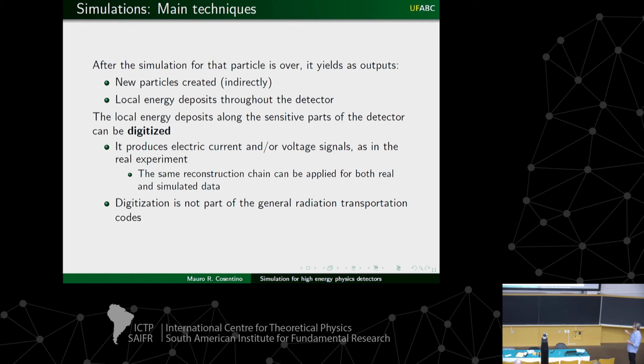Most of the simulators, Fluka, Geant4, Geant3, whatever, come up to this point, and then you're on your own. You do in your experiment whatever is best for you. The idea is that you take the electric current or voltage signals and treat them the same way as you would in your reconstruction chain. But this is up to the user, through PandaRoot, AliRoot or something else.